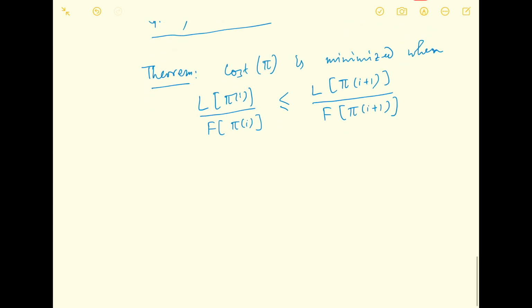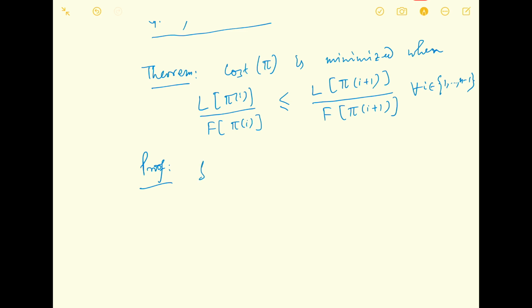This holds for all i in 1 to n minus 1. And again the proof is very similar to our previous proof. Let's repeat it for the last time maybe. Again it is a proof by contradiction.